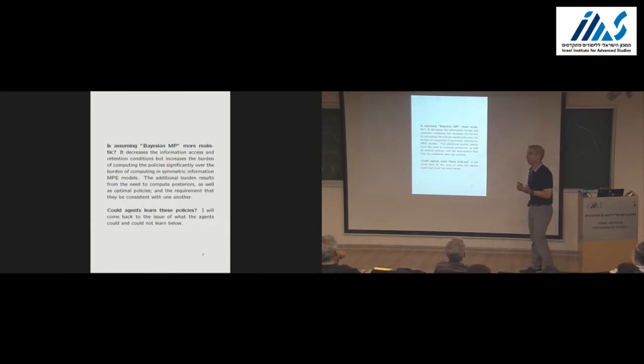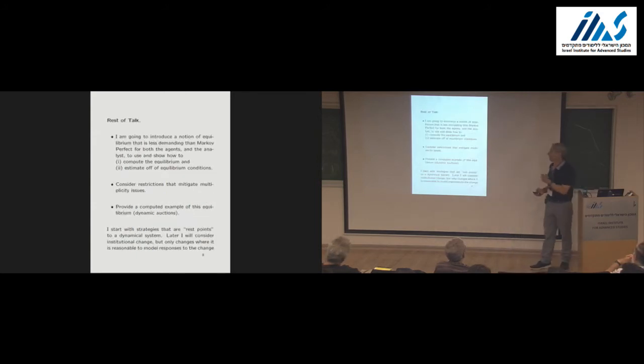On the other hand, the computational burden gets worse, much worse, because now I have to compute posteriors and make sure they're consistent with the actions of people, okay? And that ends up being a much harder problem than the first problem, okay? So that doesn't really get you out of the problem, okay? Again, we could come back to learning, and I will come back to it at the end, okay?